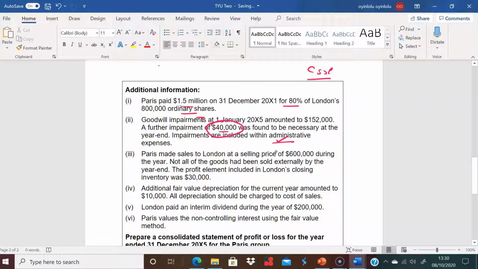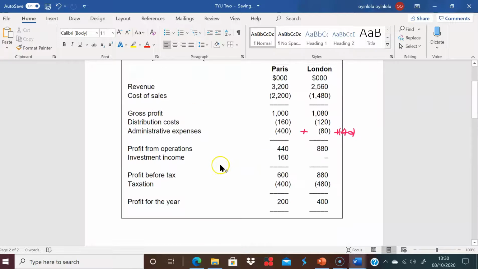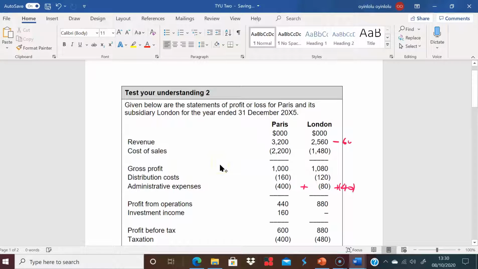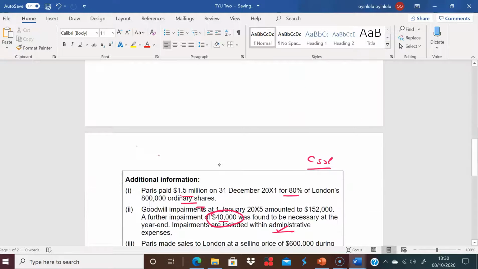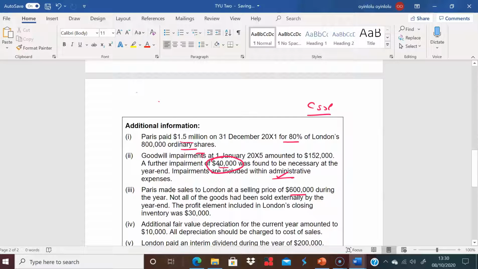Fine. Great. I thought this was quite straightforward. They made sales at a selling price of 1,600,000. I'm not forgetting it again. You have to derecognize that straight away. 600 out of there, 600 out of there, because this transaction should not have happened. That's the first thing. And then, of course, there's a question of unrealized profit. Not all the goods have been sold, but they actually give us the profit element. It says the profit element in London's closing inventory is 30.